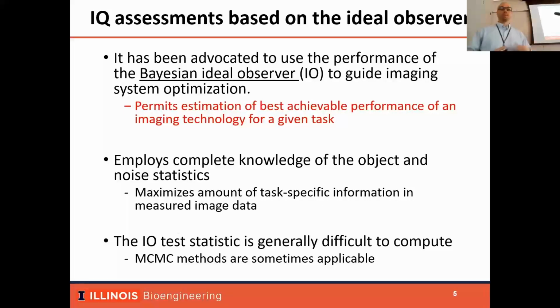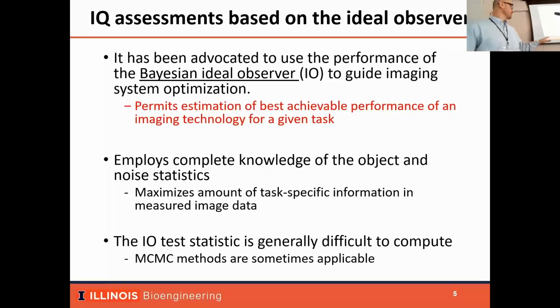The ideal observer employs complete knowledge of the object and noise statistics. If we use an ideal observer to compute objective measures of image quality, then when we optimize an imaging system, we can ensure that the task-specific information is maximized in our measurements. That's the logic behind why, as imaging scientists, we should care about ideal observers.